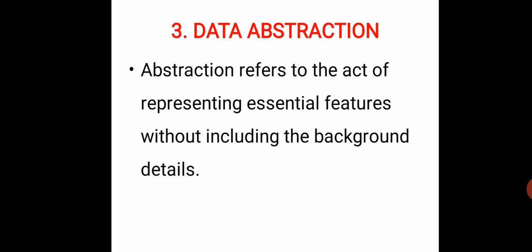For example, if you are using a computer keyboard, when you press a key, you see the key typed or displayed on the monitor itself, but how it is displayed internally, we don't have that information, which means it is hiding the implementation details.